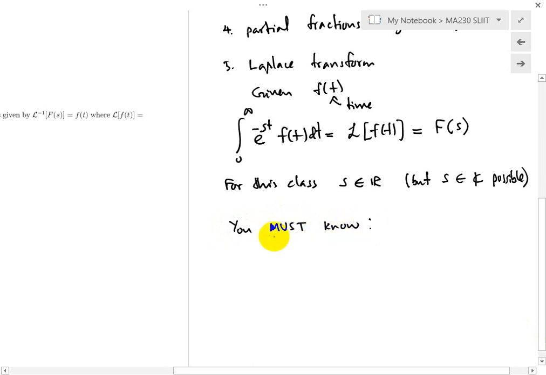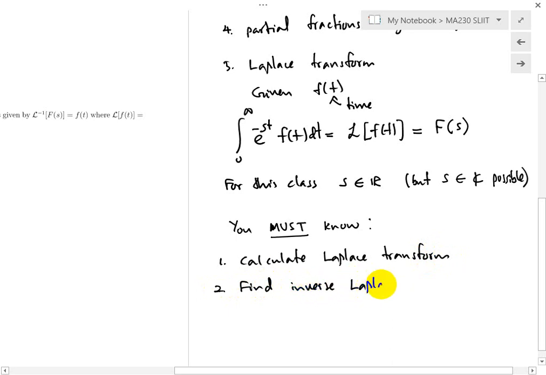After this lesson, you should be able to do these three things for sure.